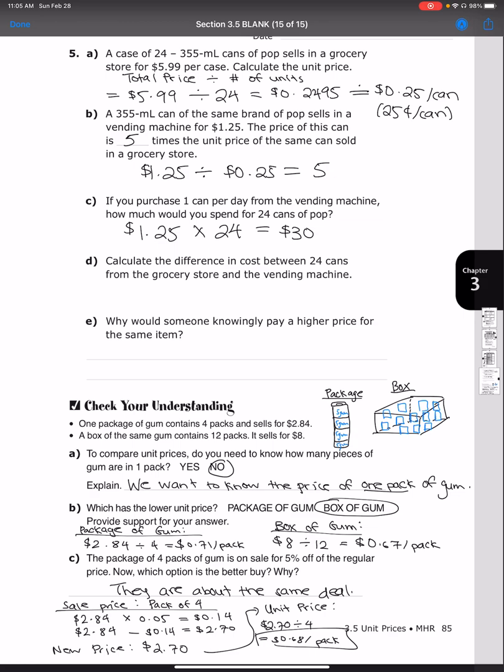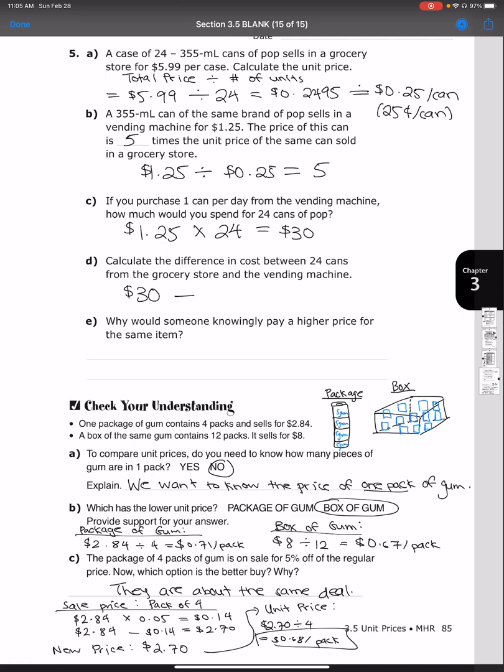Now, for 24 cans at the vending machine, it costs us $30. For 24 cans at the grocery store, it costs us $5.99. So what is the difference between those costs? That's what D is asking us to do. They're asking us to calculate the difference in cost between 24 cans from the grocery store and the vending machine. So the vending machine, it'll cost us $30 for 24 cans of pop.